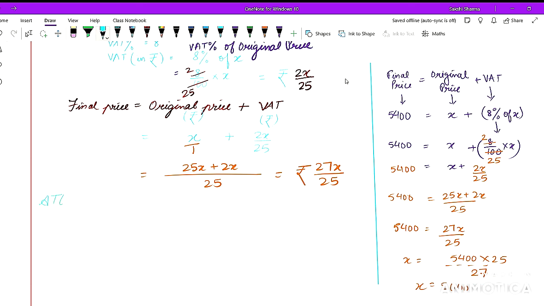But according to the question I have been given the final price as 5,400 rupees. So this is the final price that I have calculated. This is the final price given in the question. These two will be equal. So you will have 27x by 25 equals 5,400. Transpose the values and find out X.